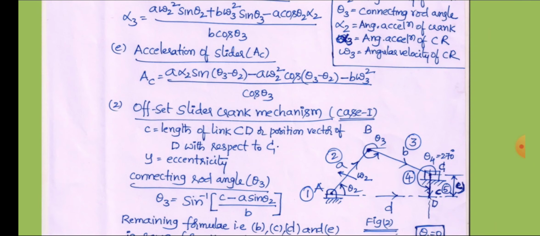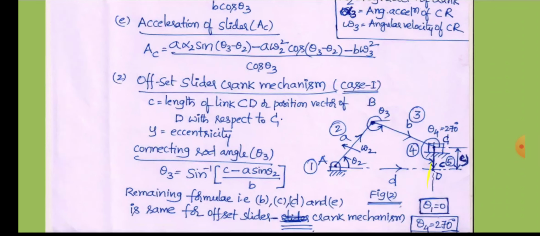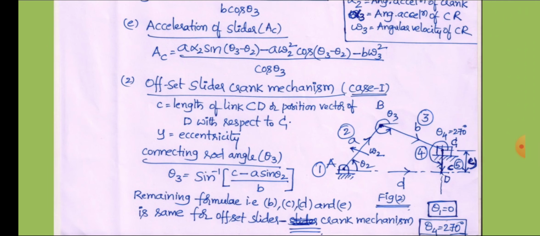Suppose instead of being on the same line, link 1 and link 4 are separated by a distance vertically, then it is called an offset slider crank mechanism. Vertically they are separated by a distance, and that separated distance is called eccentricity.